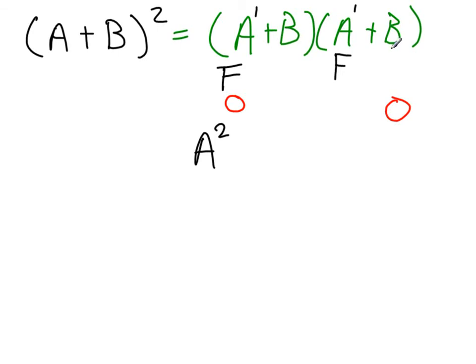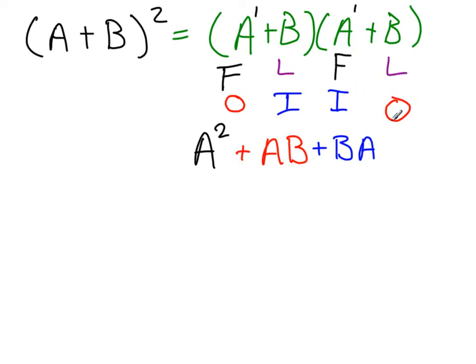The bases are different, so all we have is a times b, and we can't do anything about it. Then we have our inners, which is b times a, in which we can't do anything about it. It's just b times a. And then last but not least, we have our b times b, which bases are the same, so we add the exponents, and we have b squared.